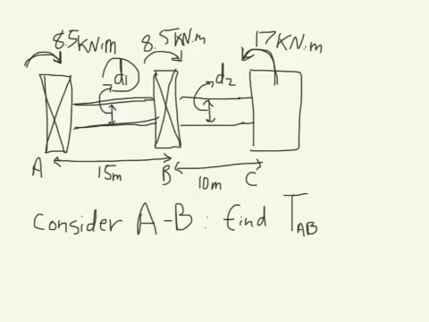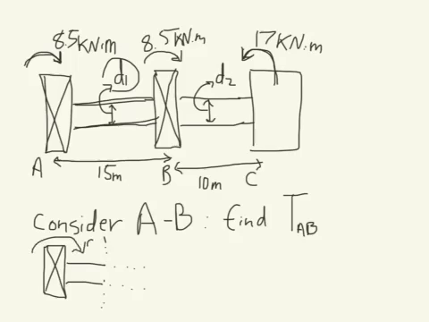So if we're going to find the torque in that section from A to B, we can pretend we're slicing it in half. Take a section somewhere in the middle of that rod, and we can look at all the torques acting to the left of that section.